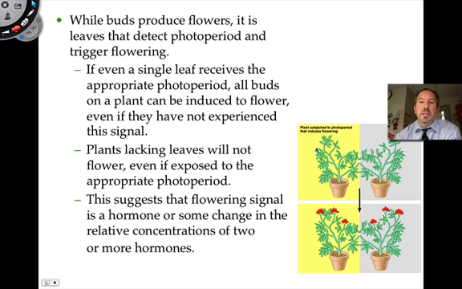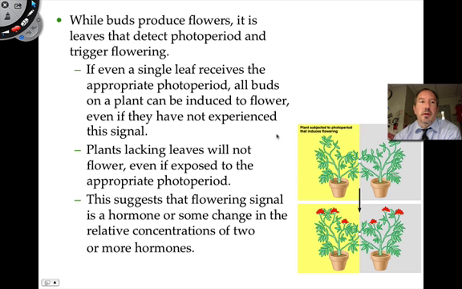And what's interesting is, even if you shine light on only a portion of the plant, the whole plant will flower, even if this portion's kept in the dark. And you're like, well, what's up with that? Well, it's connected right here. You have this little device linking these two separate plants together, which is suggestive of what?